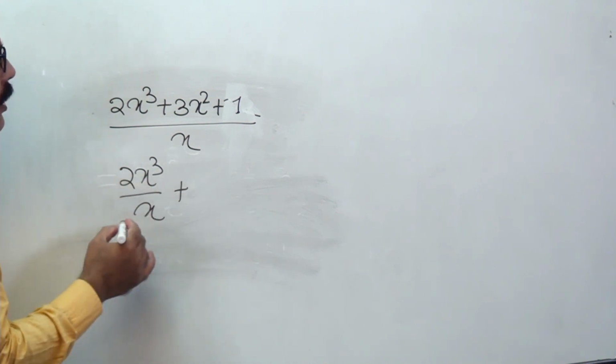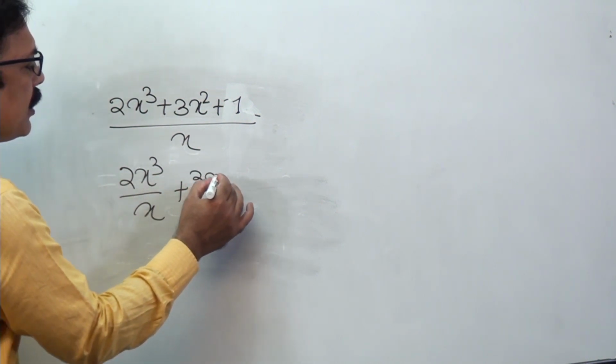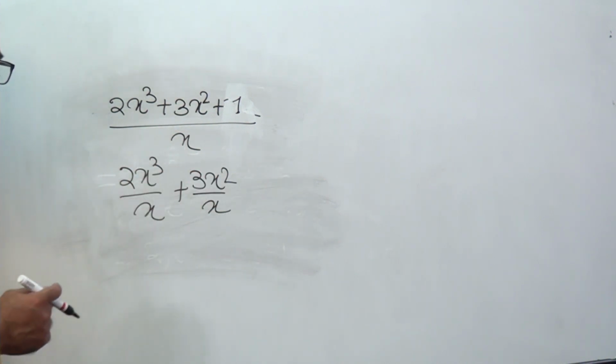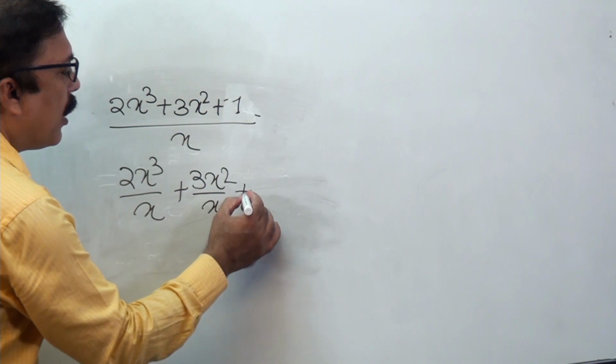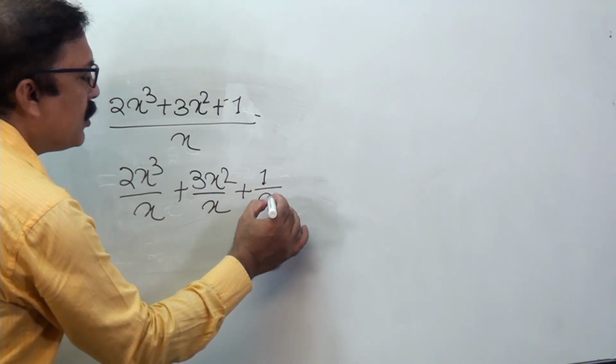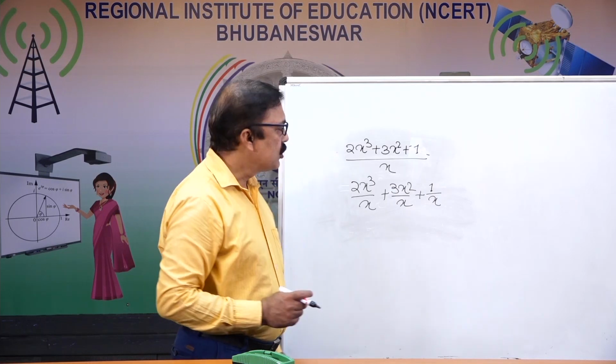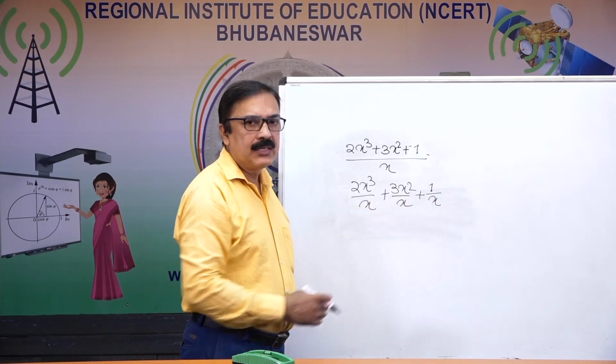It is clearly seen. 3x square can also be divided by x, but is 1 divisible by x? No, it is not. So we cannot write it in this way.